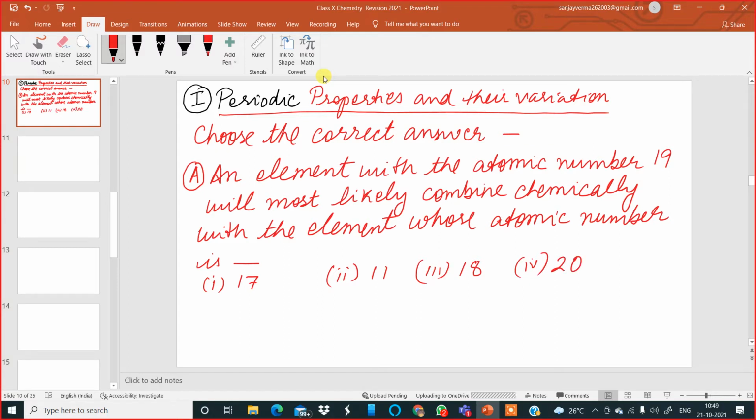So among these four elements whose atomic numbers are given, the element with atomic number 19 will combine with which element? That is the question.